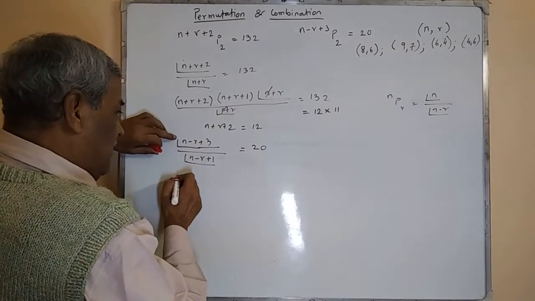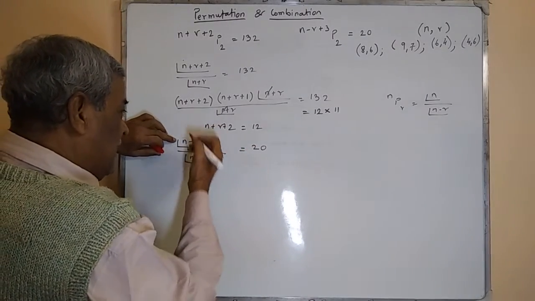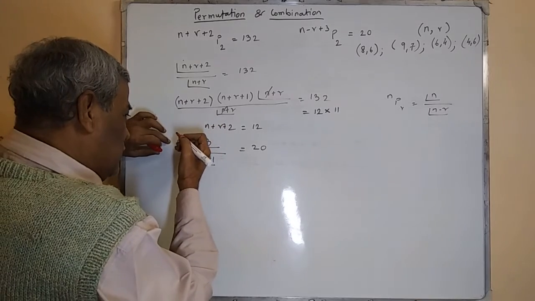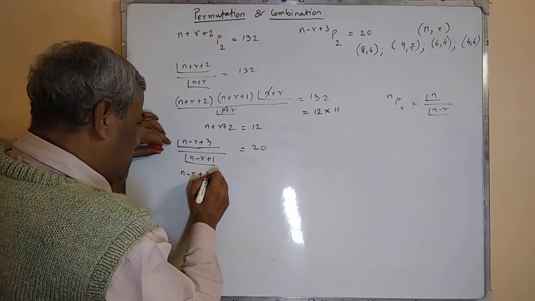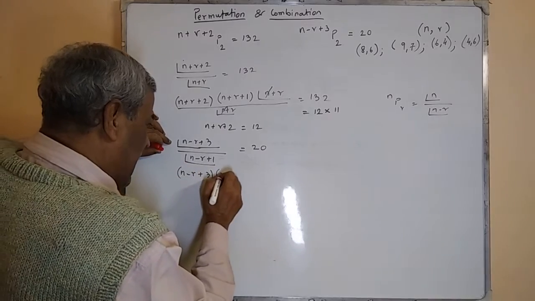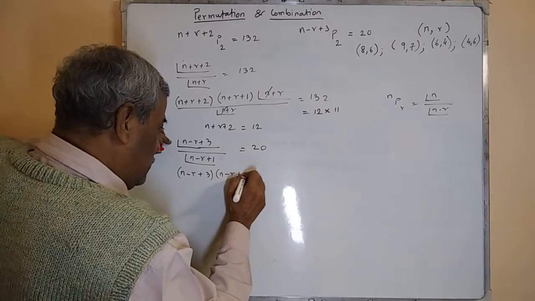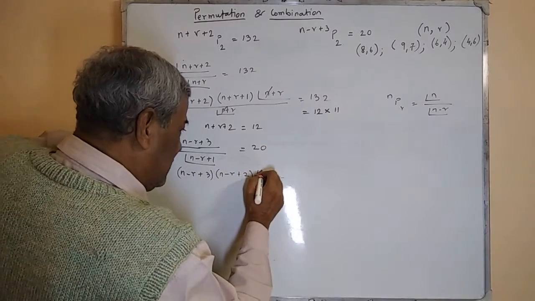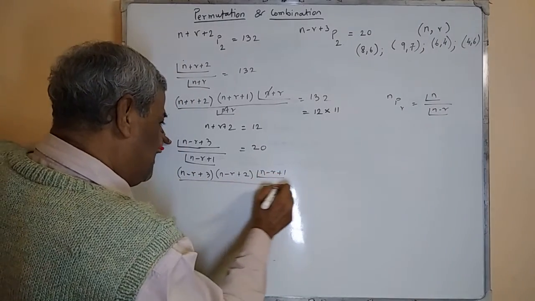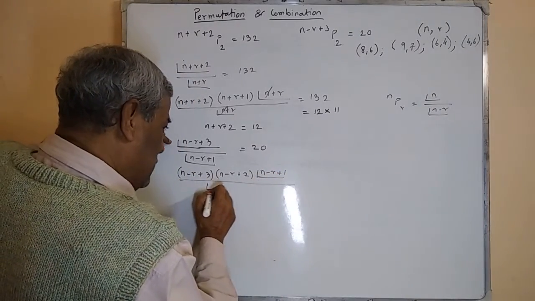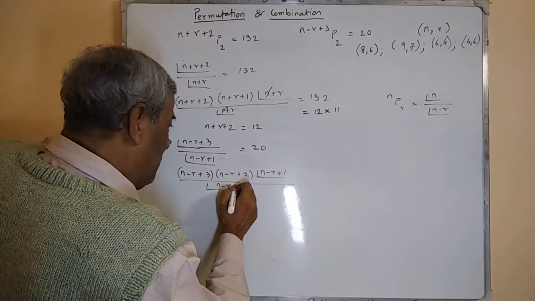This is greater than that, so break it: n minus r plus 3 into n minus r plus 2 into factorial of n minus r plus 1, divided by factorial of n minus r plus 1.